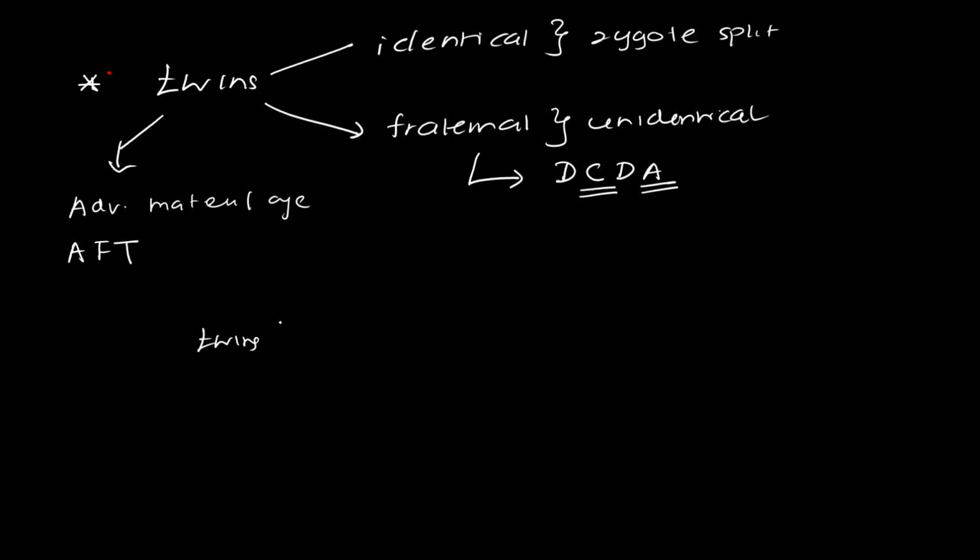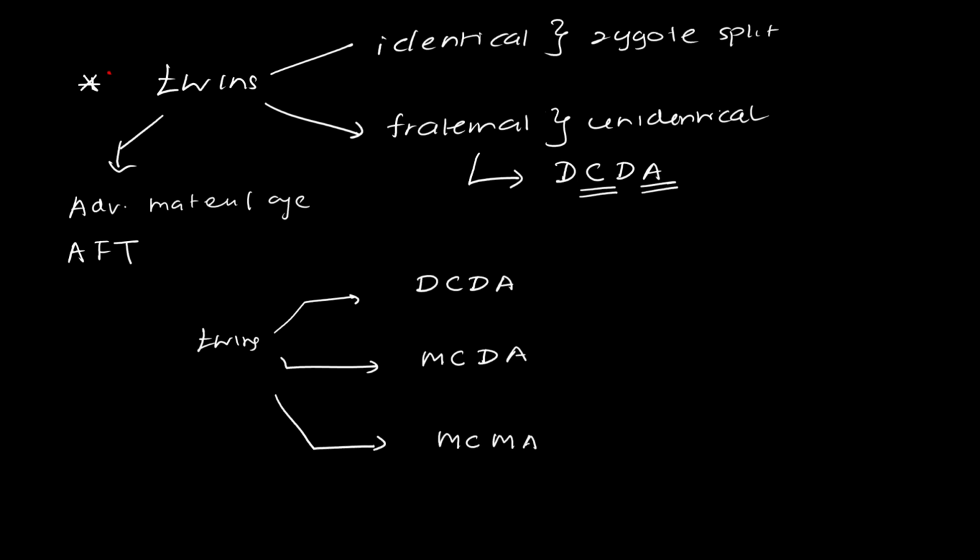But the identical twins could be dichorionic diamniotic, where there are 2 placentas and 2 amnion cavities, or it could be monochorionic and diamniotic, or it could be monochorionic and monoamniotic. Now, this is dependent on the time at which the zygote splits.